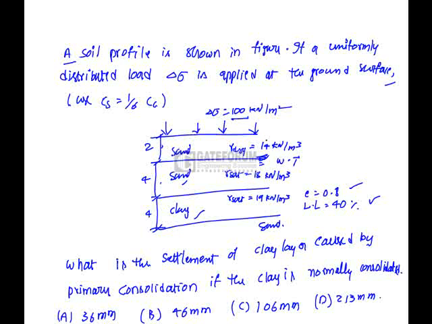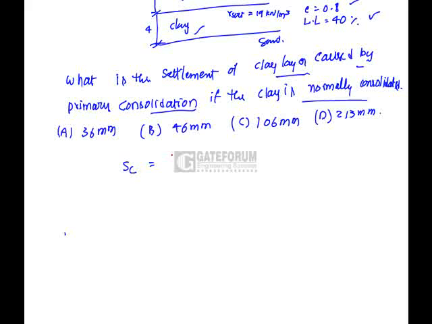What is the settlement of the clay layer caused by primary consolidation if the clay is normally consolidated? So we have to find out the settlement. Sc is equal to Cc by (1 plus e naught) into H log of (sigma naught plus delta sigma) by sigma naught.